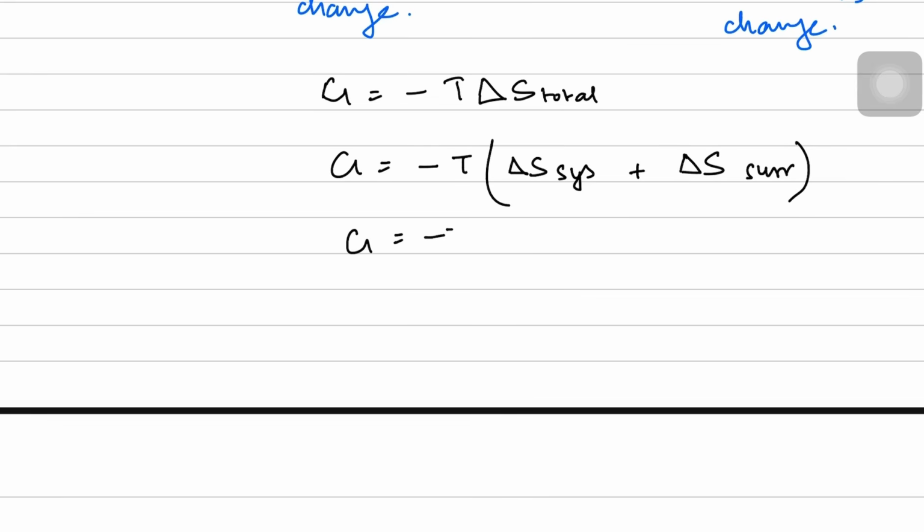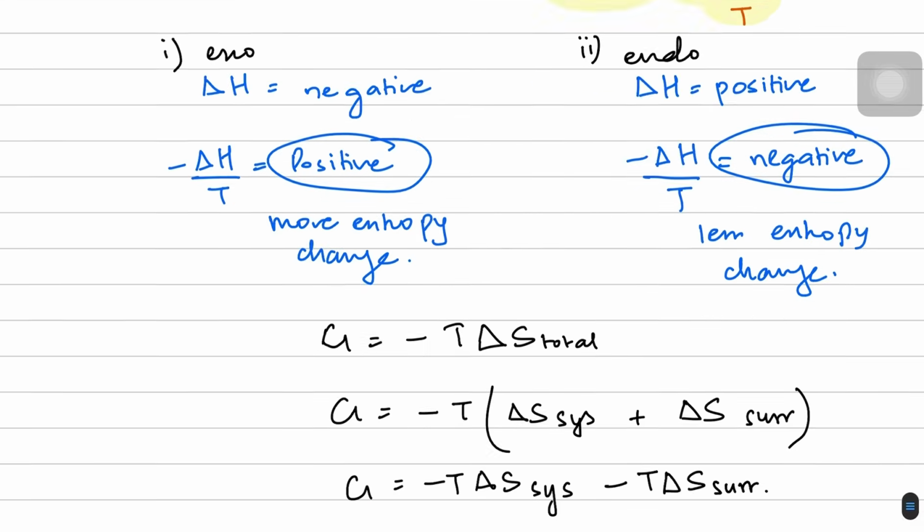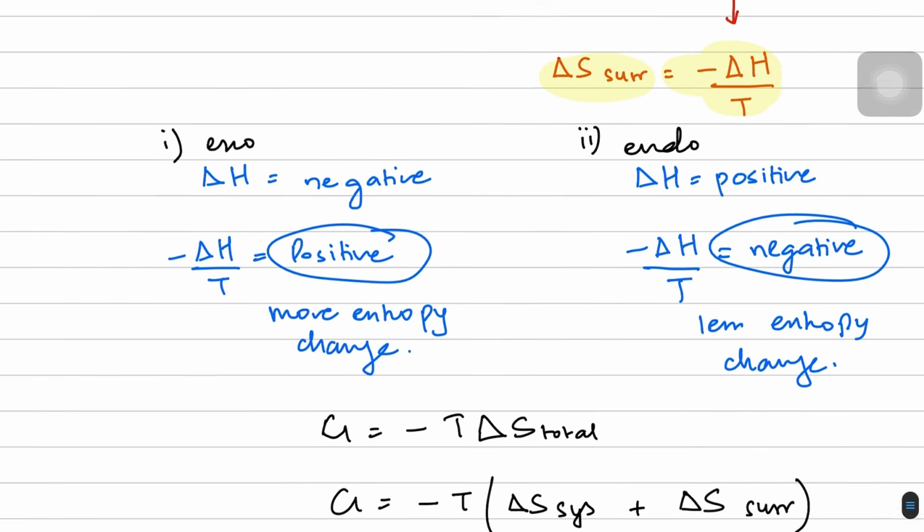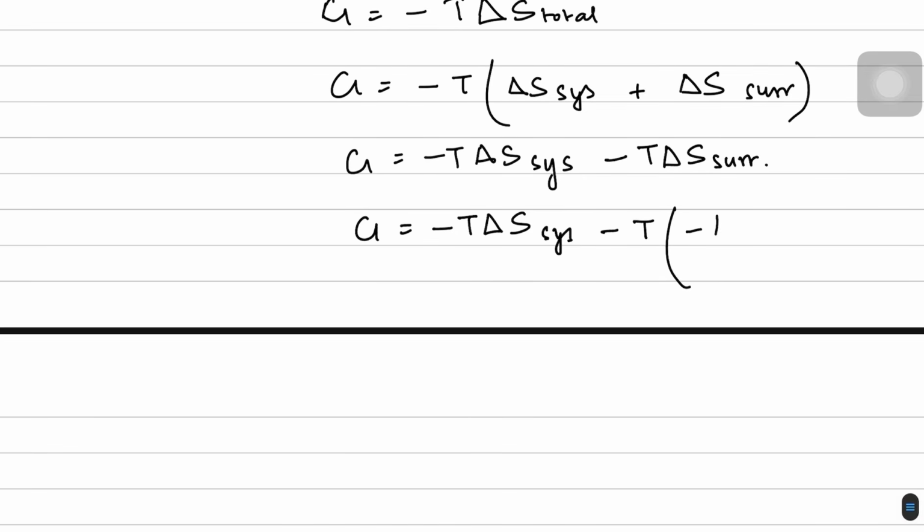G is equal to negative T times. For the system we don't change it, so we let it stay as delta S system. But for the surrounding value we multiply it by negative T, so it becomes negative T change in entropy of the surrounding. Gibbs free energy is equal to negative T delta S system, and then negative T times, for the surrounding, the value which was found here, negative enthalpy change over T.